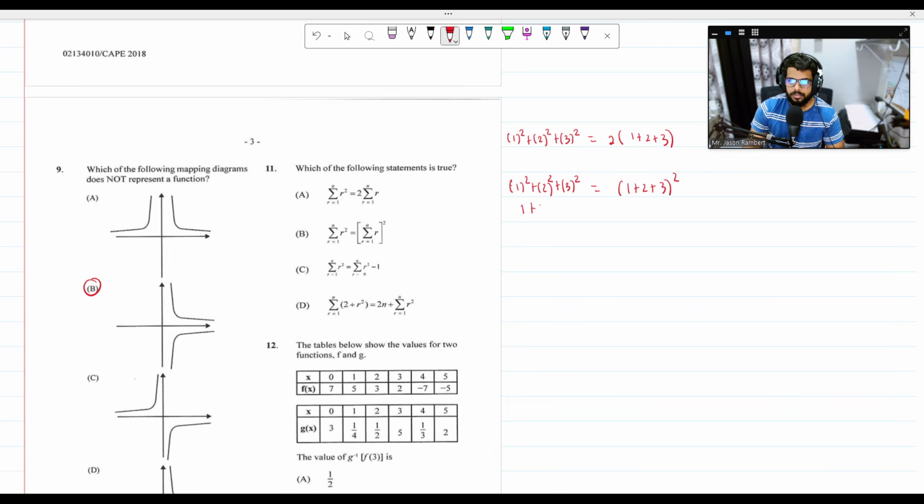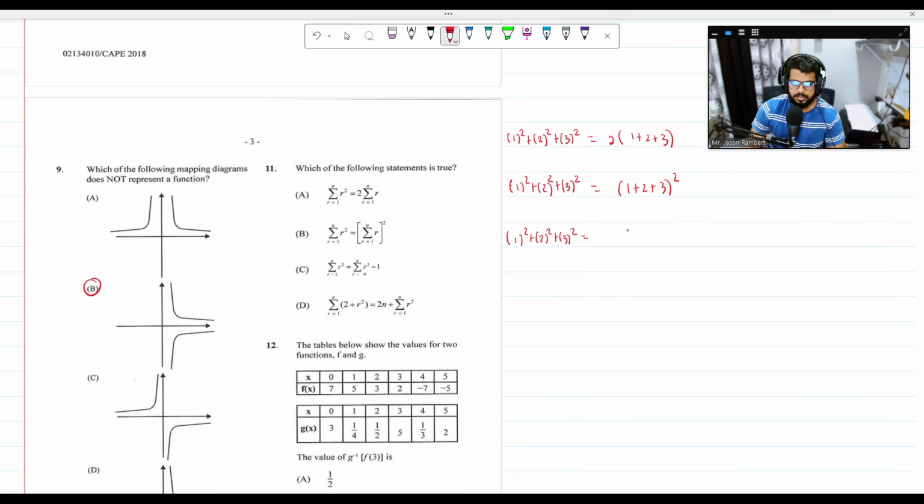This is 1 plus 4 plus 9, which is 15. What number squared is going to give me 15? Think about it. So that can work as well. What about r squared? Again, we're going to have 1 squared plus 2 squared plus 3 squared.